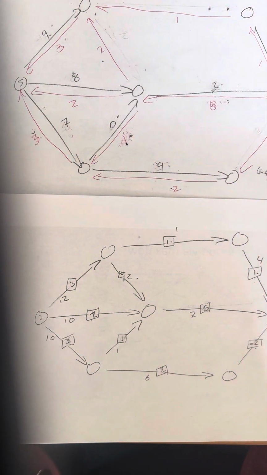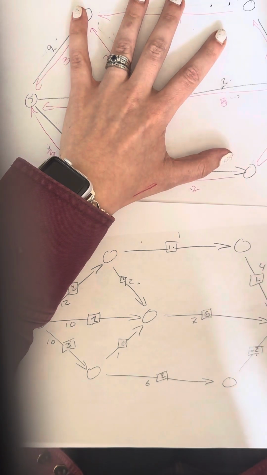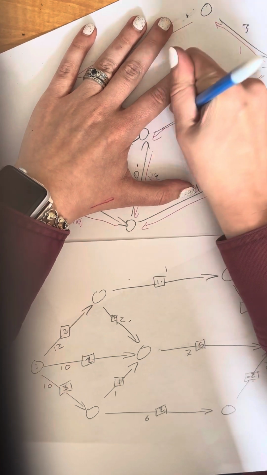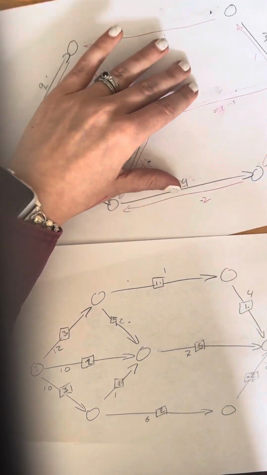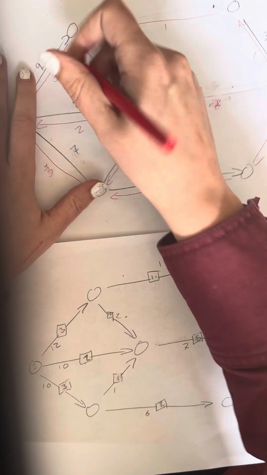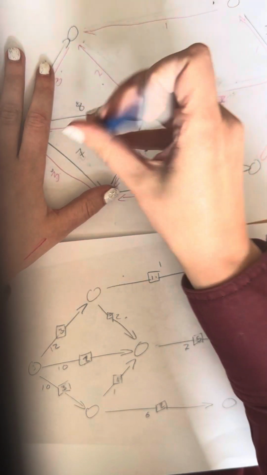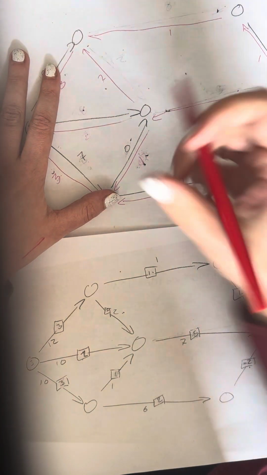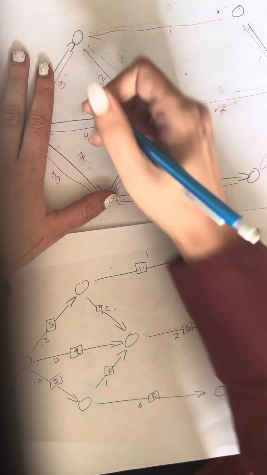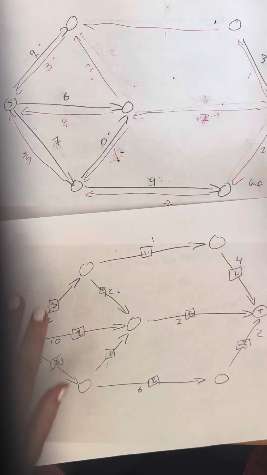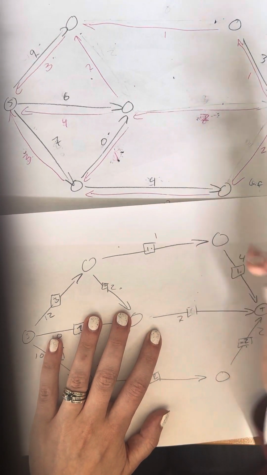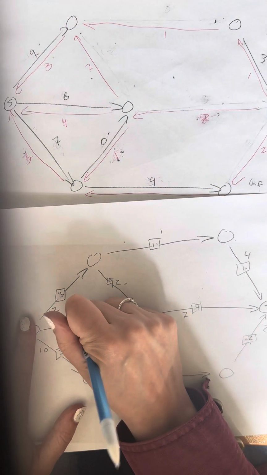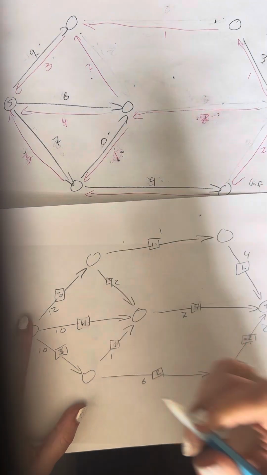Okay, so I can take this 2 here, and then this one goes to 0. And this one goes to 7. And then this one goes to 4 and 6. So that's 4, and that's 6. Okay, and then I update my flow here to be 7 and 4.